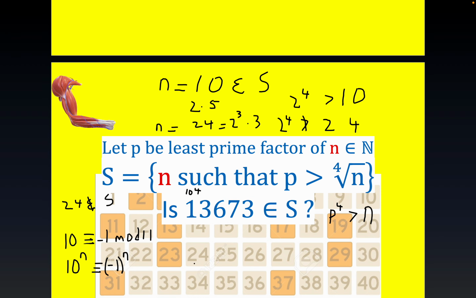And so what we notice is that when it's an even power, 10 is congruent to 1 mod 11. The powers of 10 just go away, because you can replace them by 1 or -1.